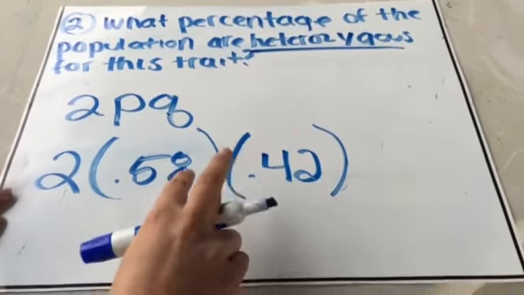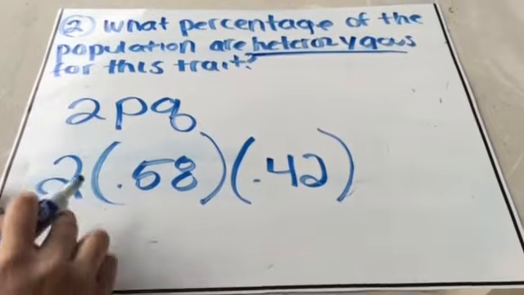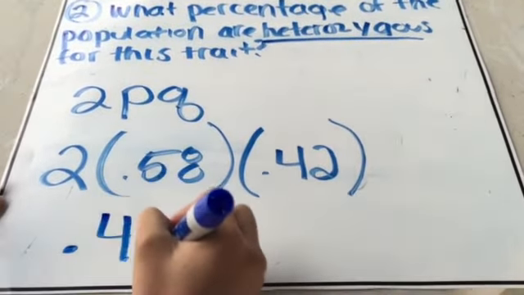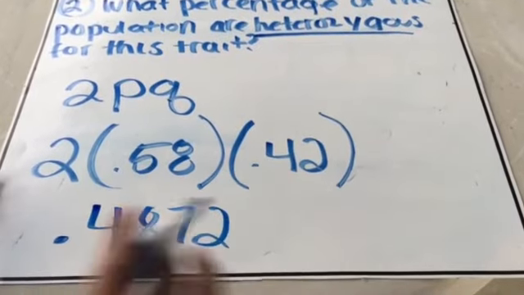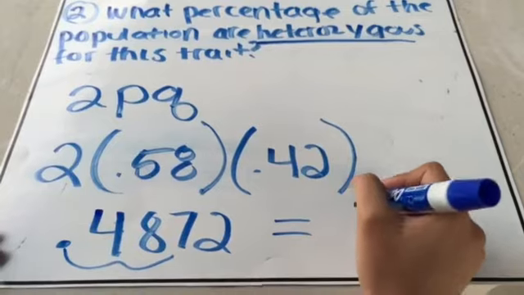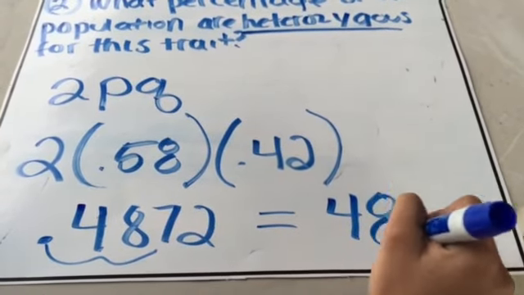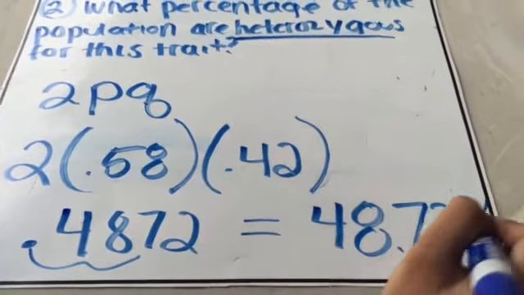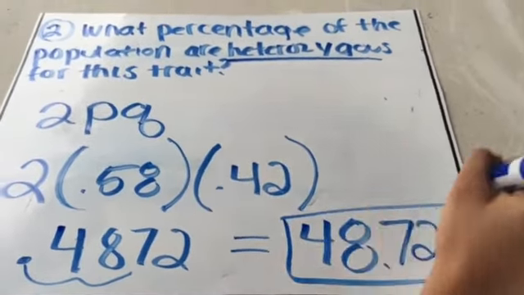So now you multiply these, which you get 0.4872, and now you're trying to make this into a percentage. So you move the decimal over, it's 48.72%. And that's your answer for number 2.